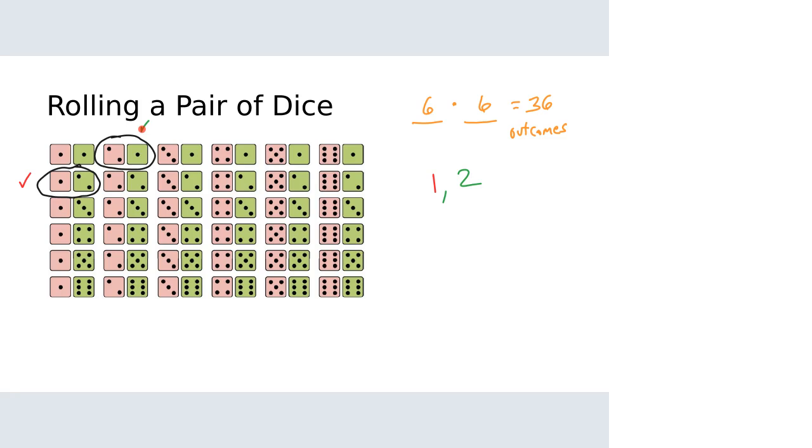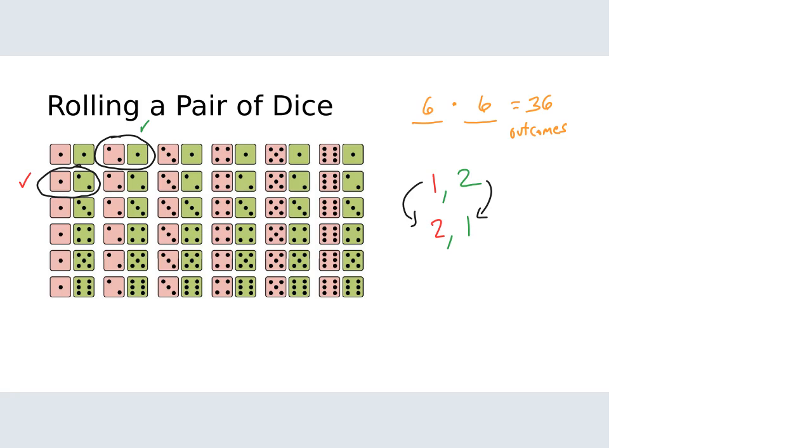And then when we look at this outcome over here, now the red die has a 2 and the green die has a 1. And so those are different from each other. Sure, I have a 1 and a 2, but they're different because what was on the dice changed. I went from a 1 to a 2 on the red and a 2 to a 1 on the green.